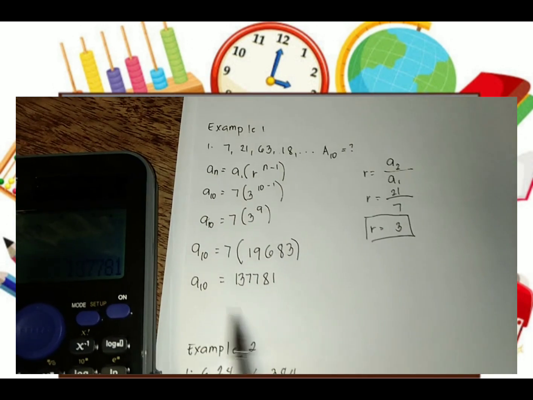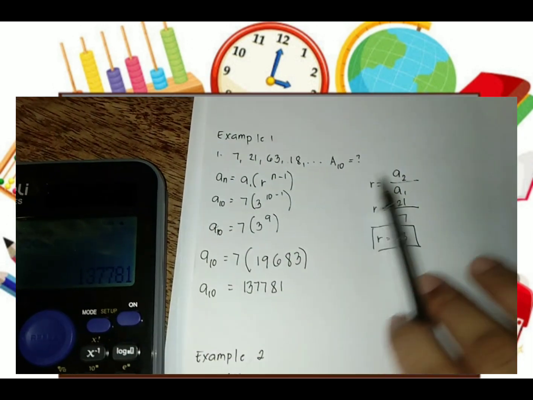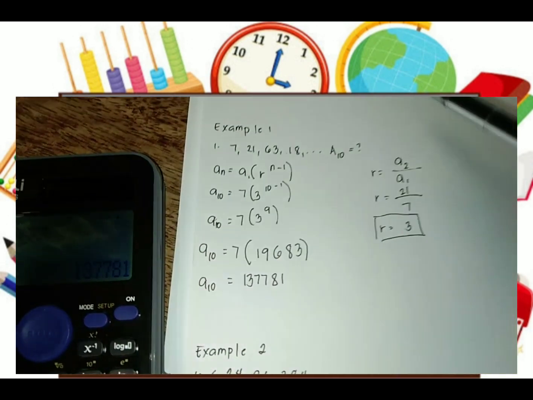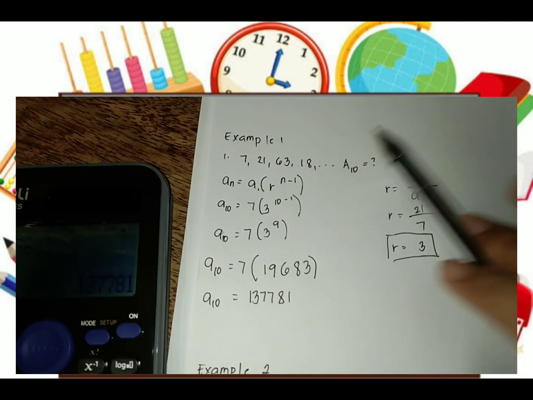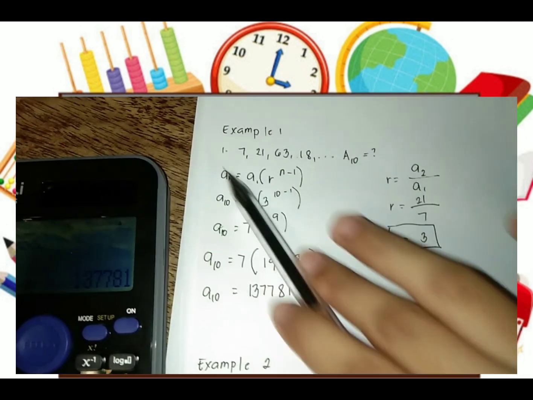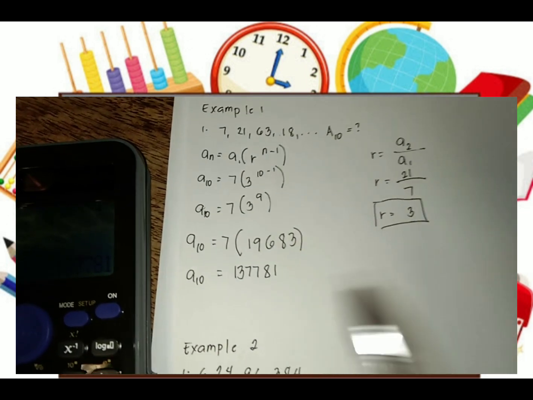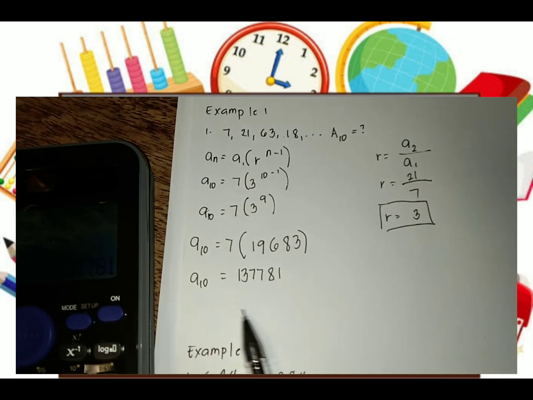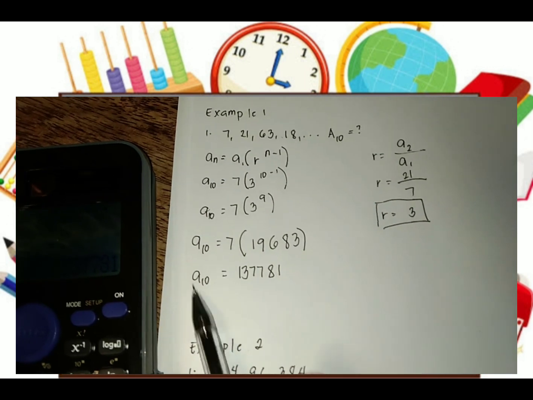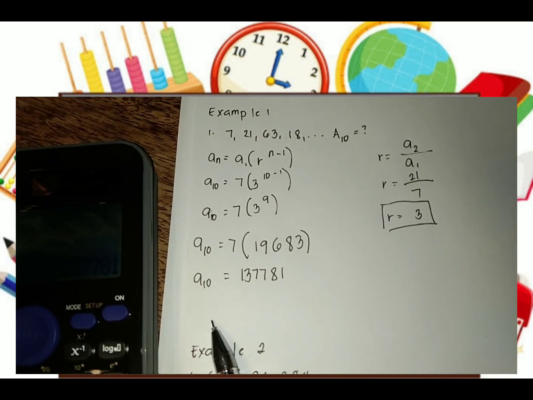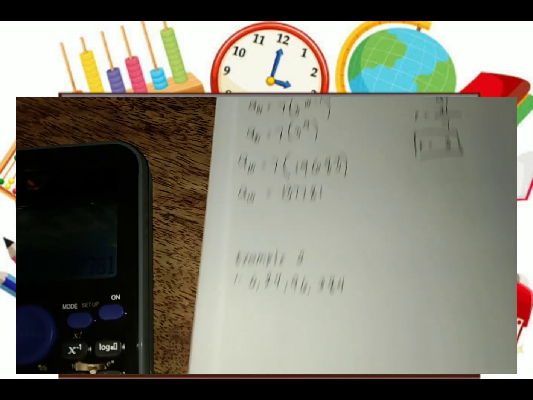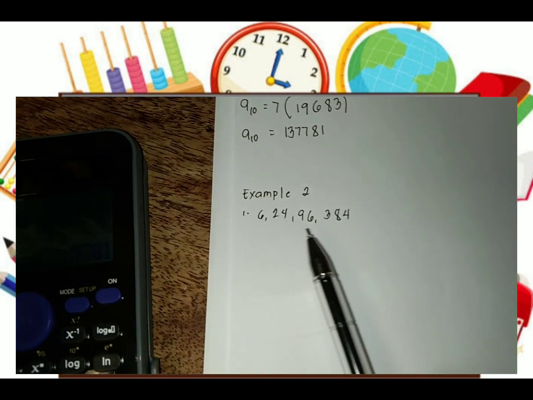So this is the answer in our example number 1. The 10th term of this given geometric sequence is 137,781. Okay, so let's move to our example number 2.